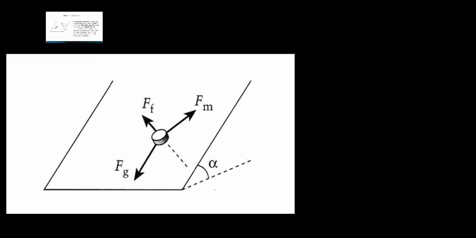There are components of gravitational force acting on it. Gravitational force, of course, is named Fg, and Fg will be certainly equal to mg sine alpha. And the force of friction, that is Ff, will be directed opposite to the direction of the puck's velocity.